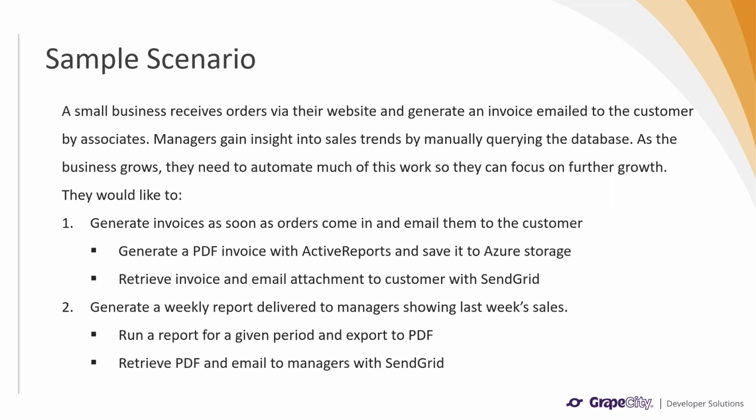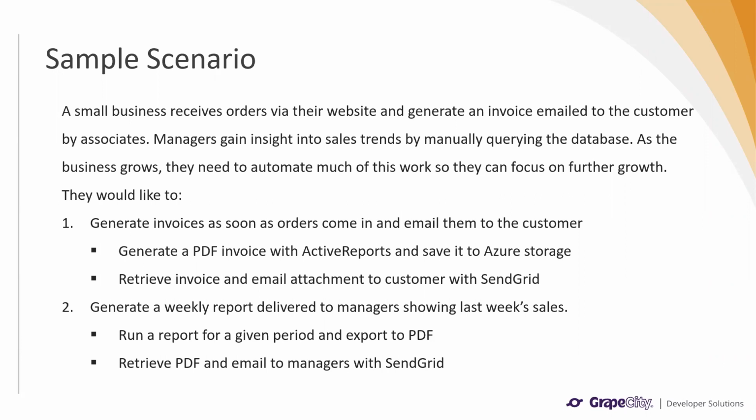Now, as they grow, their applications need to scale with them, right? Their website needs to scale, their reporting needs to scale, everything needs to change. For example, for the first point, where customers receive emails, instead of the associates sending emails directly to customers manually, this can be automated using Azure Functions.